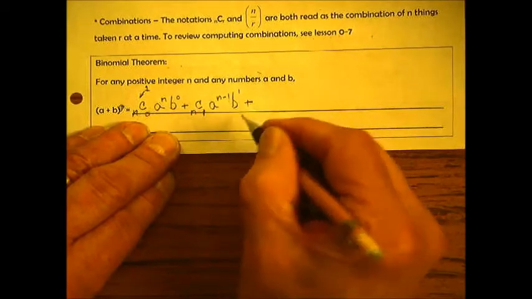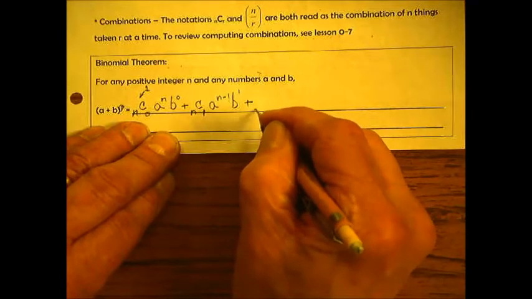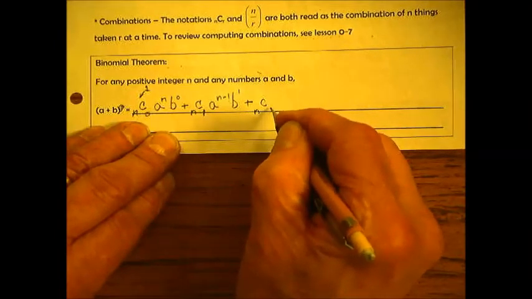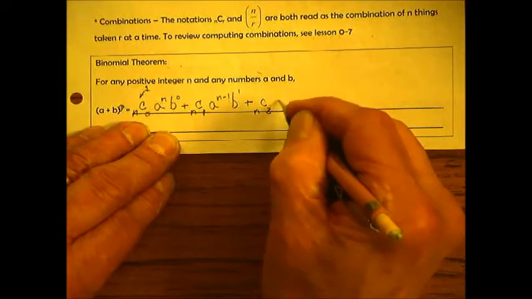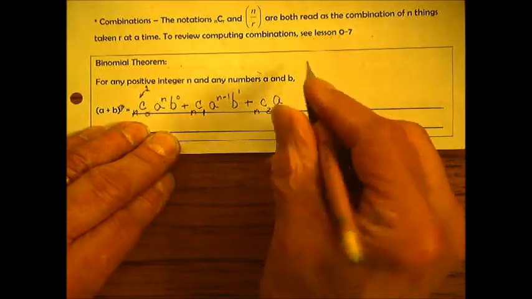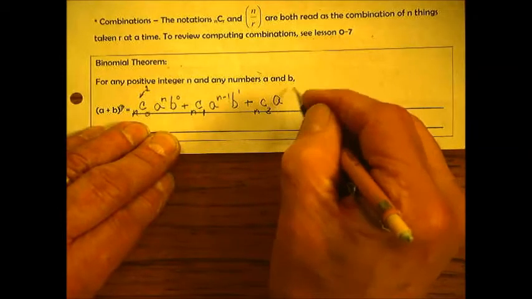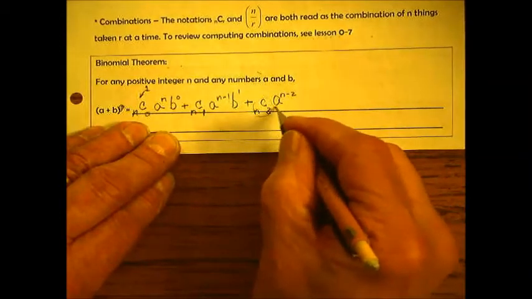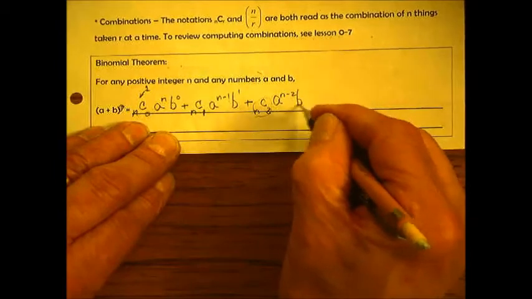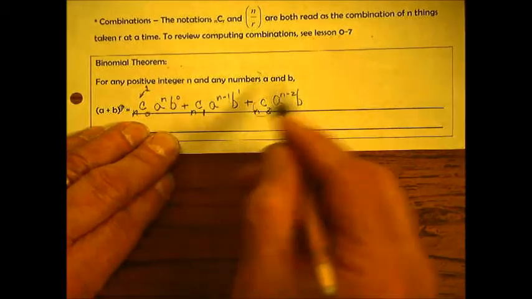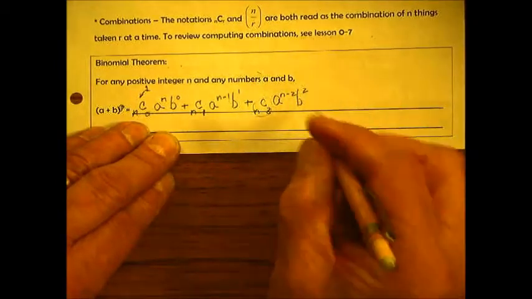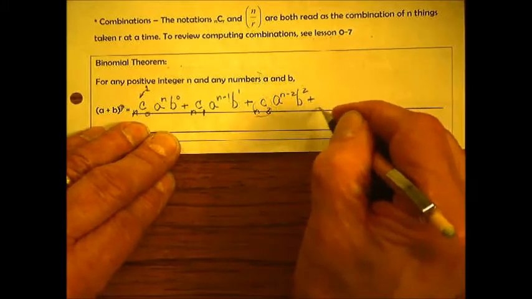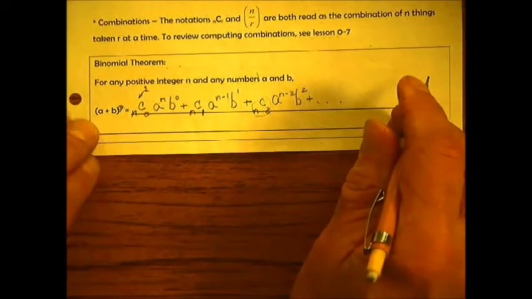The next term is going to be n choose 2, times a to the n minus 2. So this is a coefficient right here, and then this is the a term. The b term is going to be, if this is 0 and that's 1, b squared. Plus, and then we're going to do dot, dot, dot, because it just keeps going on and on and on.